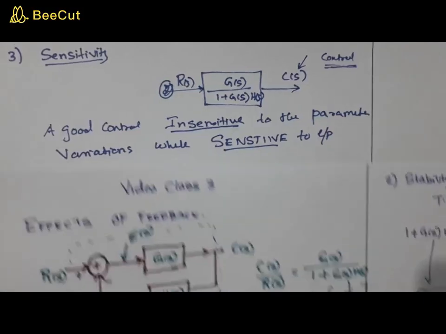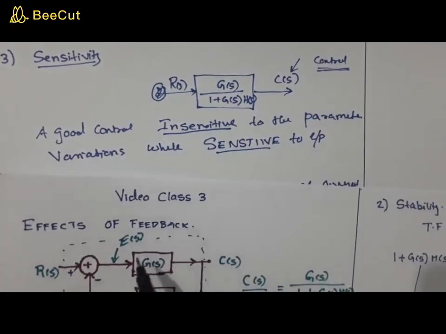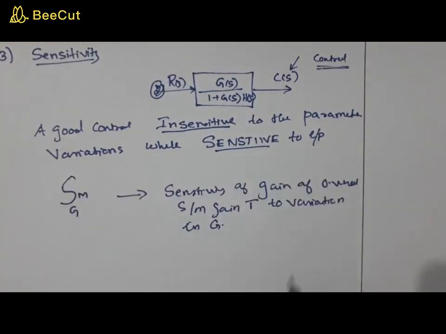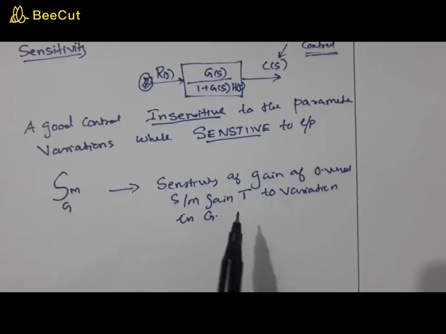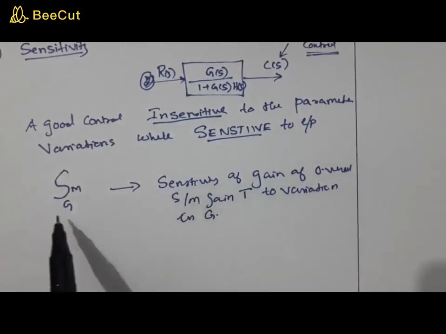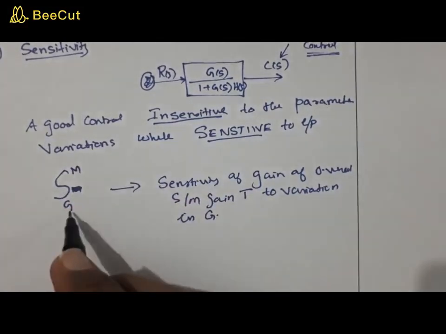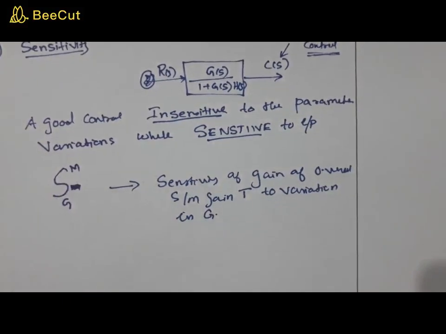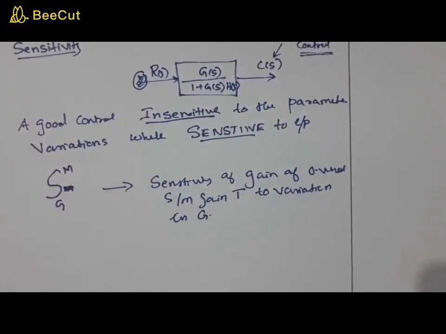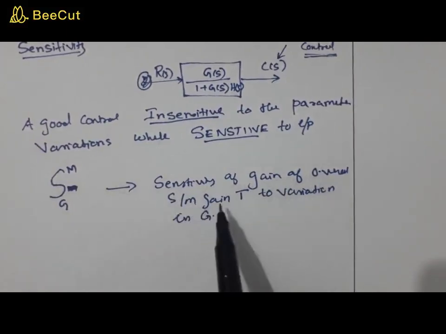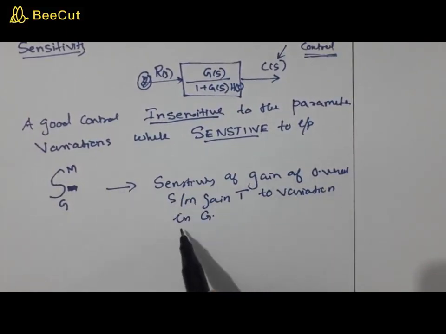I told you that system parameters vary. If system parameters vary, that affects the gain, right? The sensitivity gives you an idea about this. You can write it like this, S suffix G raised to M. It is the sensitivity of the overall system gain to the variation in G.